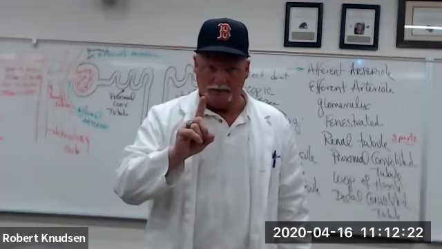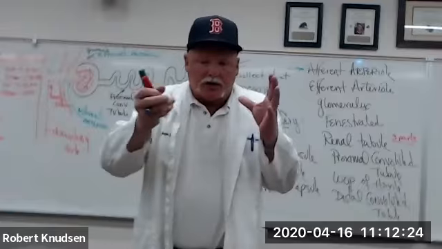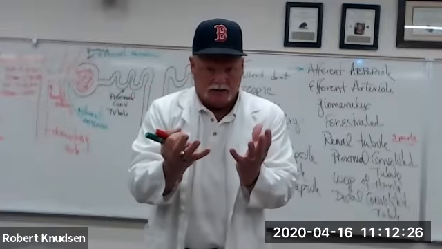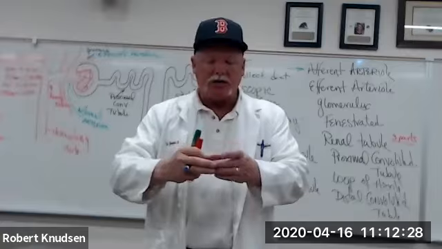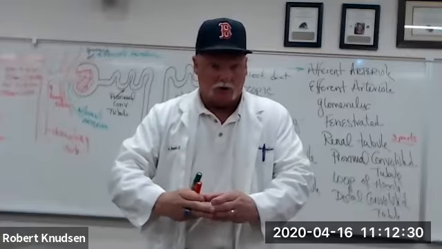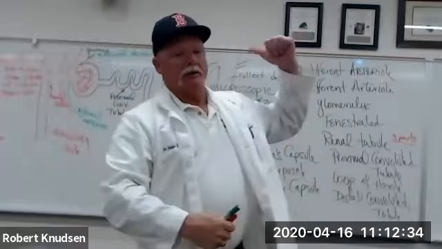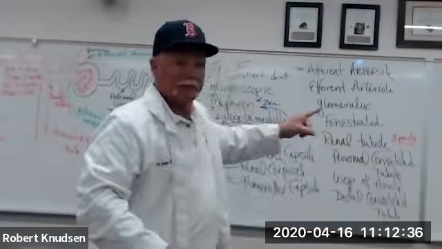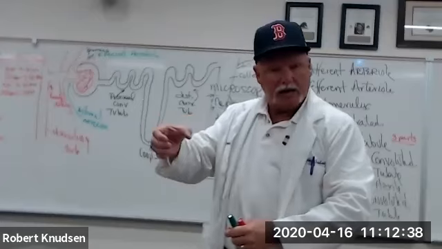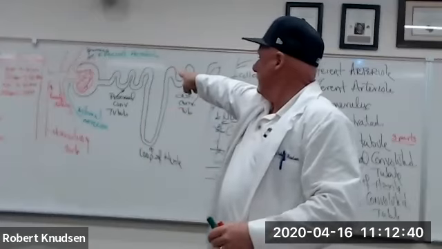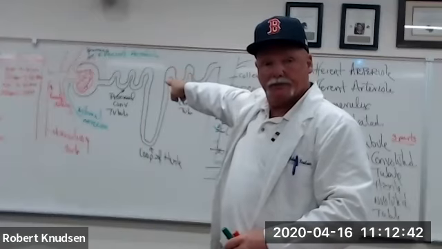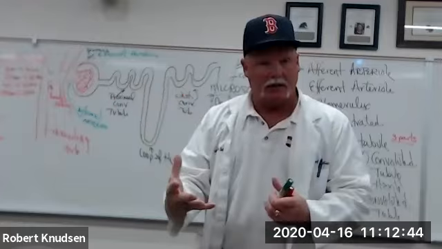Do you understand? So picture a kitchen sink, okay? And the kitchen sink has a hole in the bottom. The kitchen sink represents Bowman's capsule. The hole, the sink hole, is the proximal convoluted tubule. What's going down the sink?